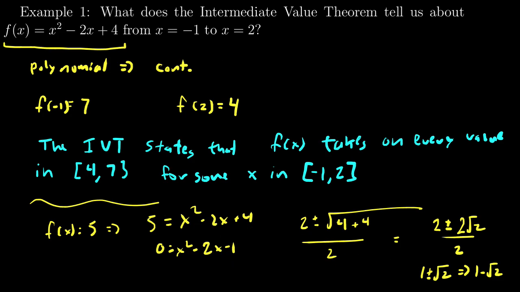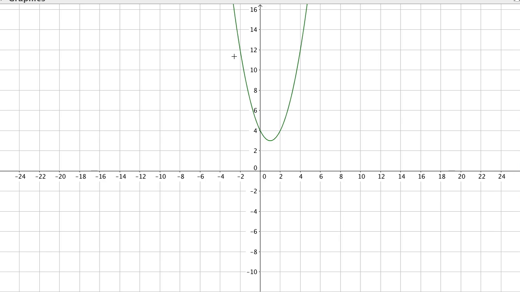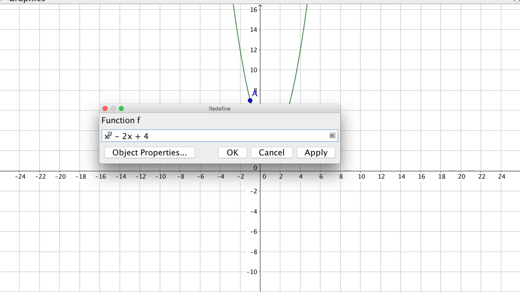So graphically, here's the function, and we are considering this from negative 1 up to 2. So I can put the points we had, negative 1, 7, and 2, 4. And I can restrict this to those points.